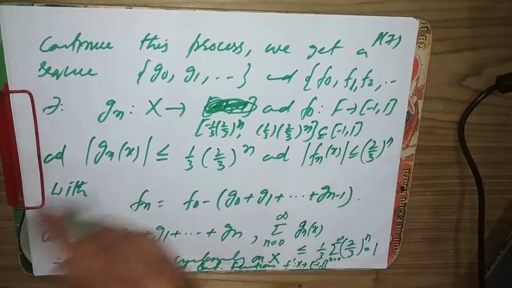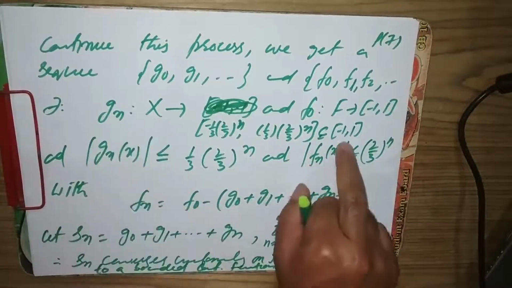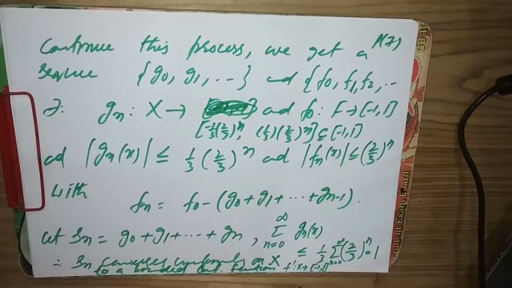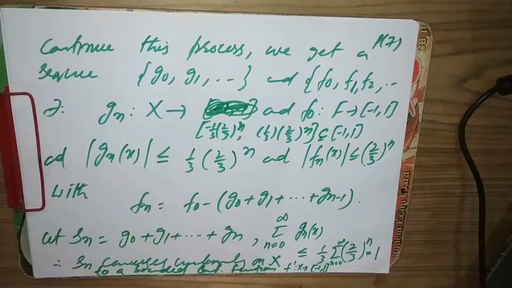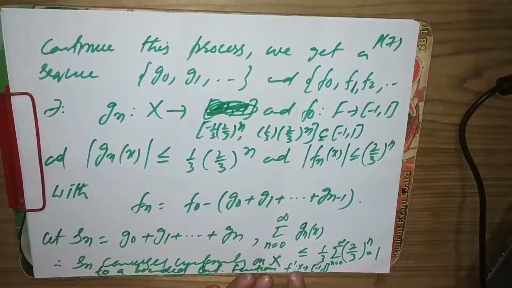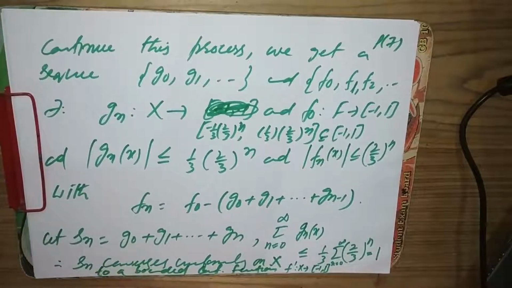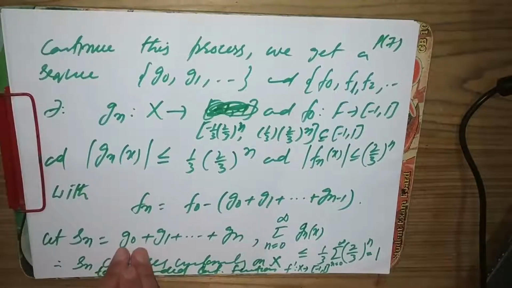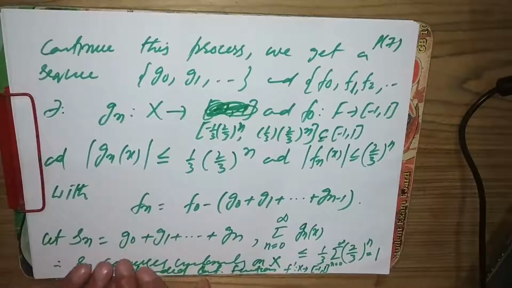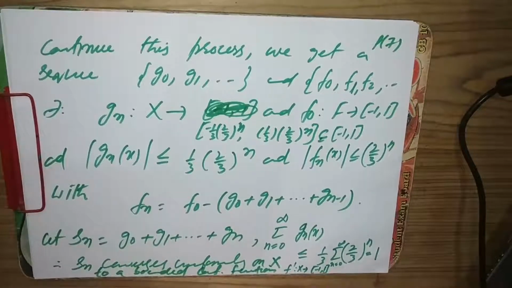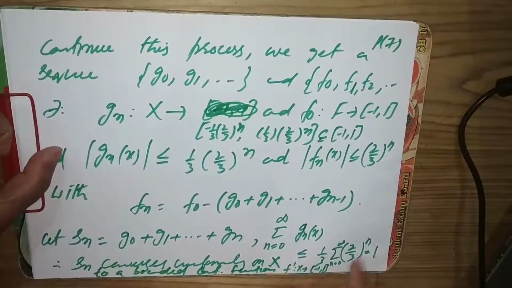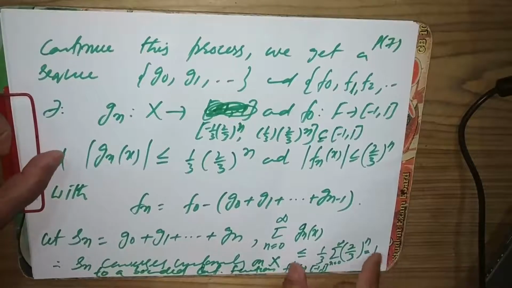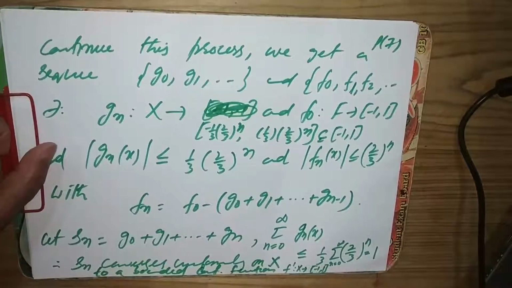So I can treat each g_n as a function from X to [-1, +1]. This f' is the limit of that series, so the limit will be a function from X to [-1, +1], and it's a continuous function because the convergence is uniform. So f' is a continuous function.